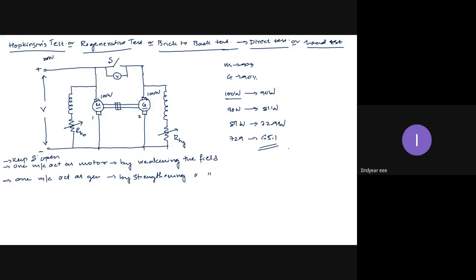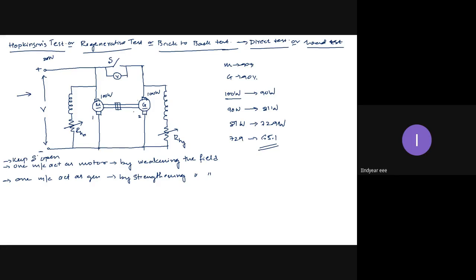Therefore, there should be a continuous supply of input power to this system, to this MG set, the motor generator set. There should be a continuous supply of power from the external source so that the amount of losses in both the machines is satisfied. The power required for the motor operation is given by the generator, and the power required for the generator output is given by the motor.